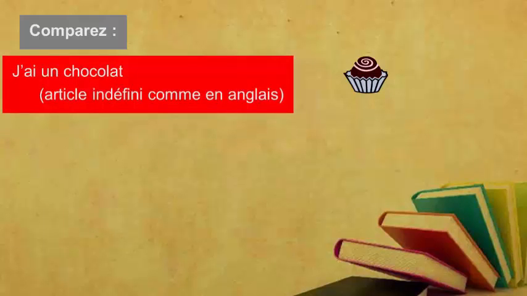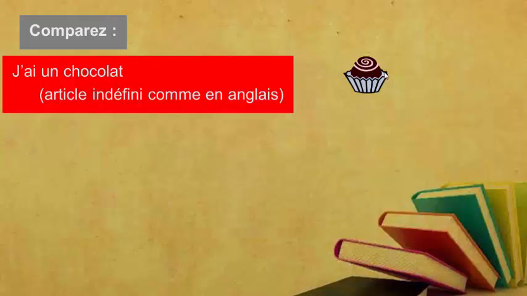Comparer. I'll give you three examples to better understand the concept or the idea of des articles partitifs. Okay, that's one piece of chocolate. J'ai un chocolat.